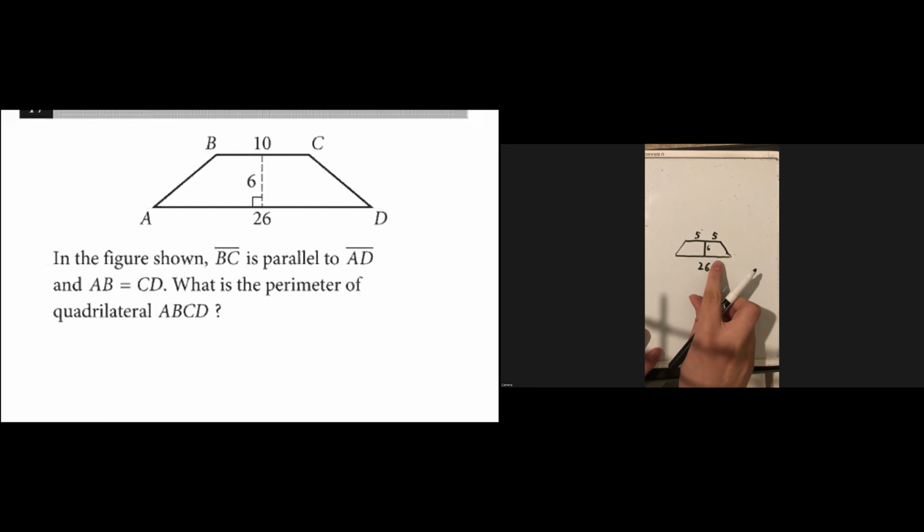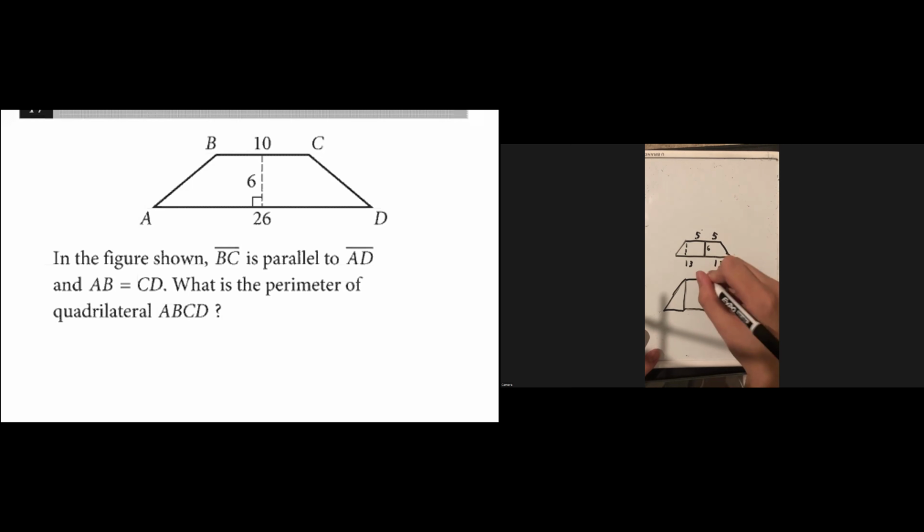We can do the same thing for the bottom. Instead of 26, we can say 13 and 13, because 13 plus 13 is 26, and 5 plus 5 is equal to 10. Why would we want to do this? Well, we want to make a triangle here. This triangle is just the left half of this parallelogram.